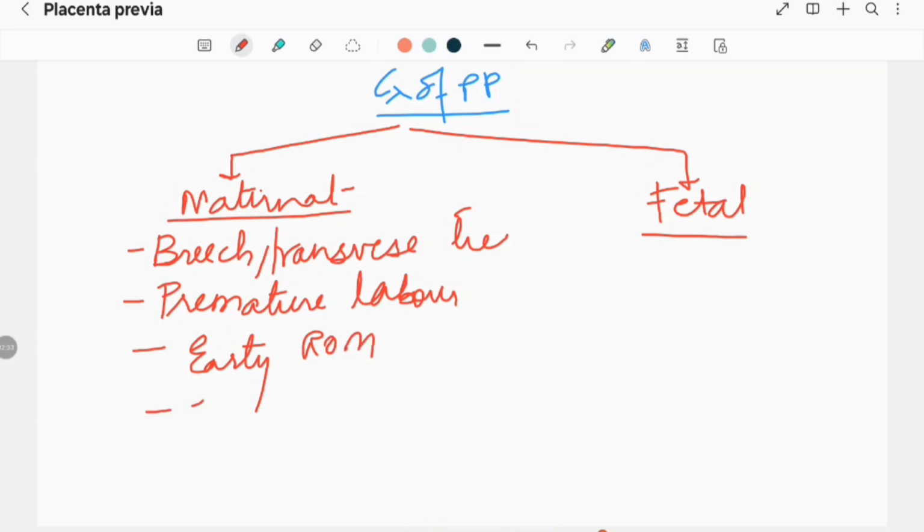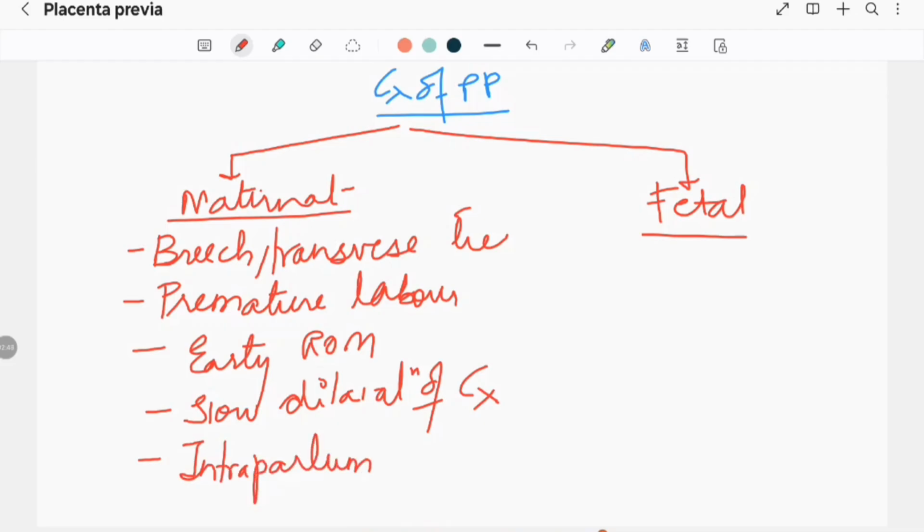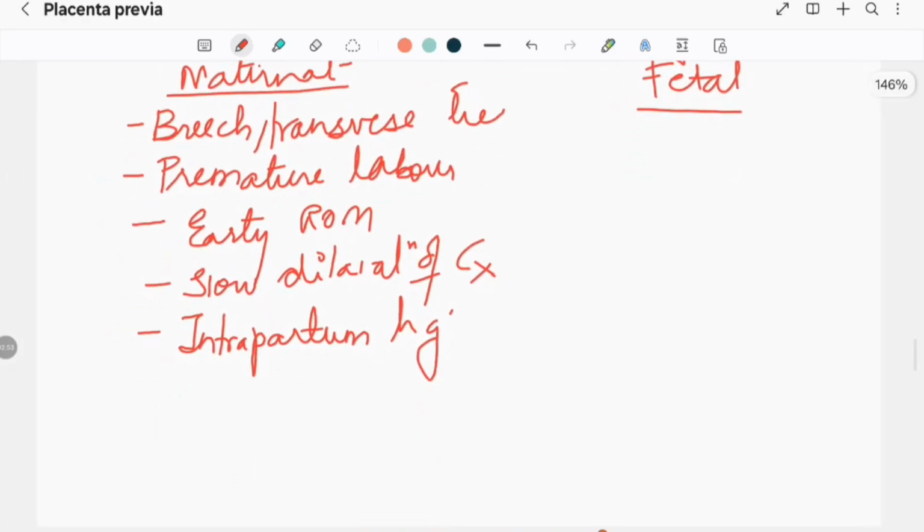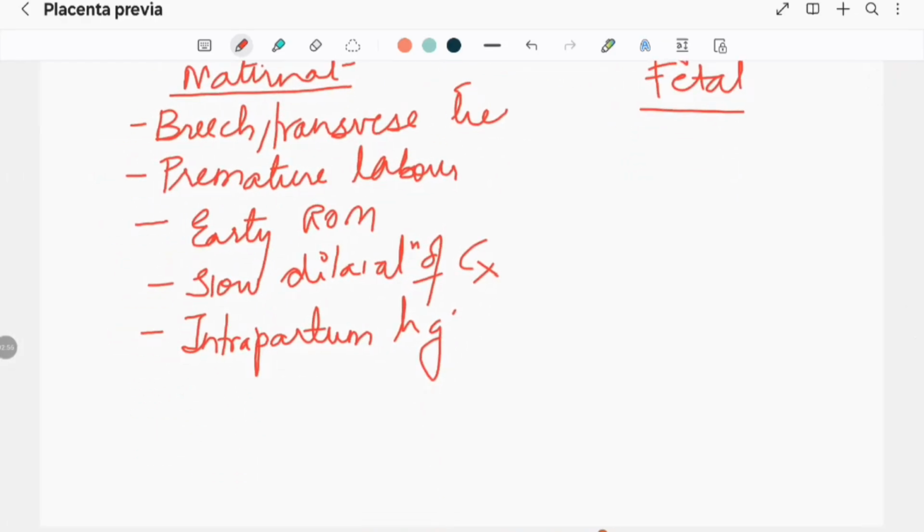Then there is slow dilation of cervix. Then there is intrapartum hemorrhage. And there is increased incidence of operative interference. That is, there could be a need of LSCS.